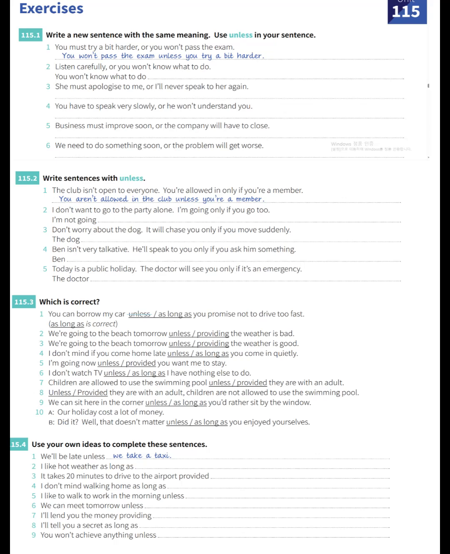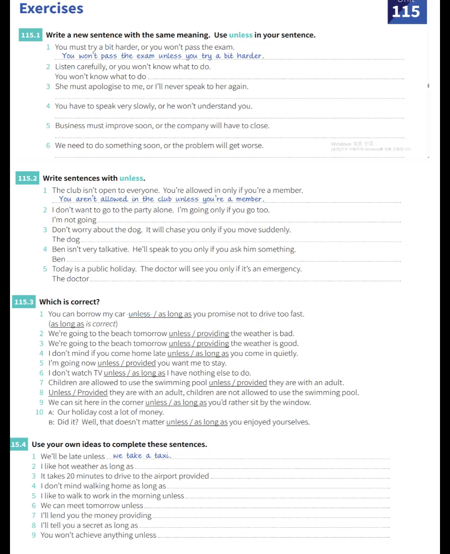But I think it's true. Yes. Every time you have unless, the sentence that comes after unless will be in present tense. That is why it will be, I'll never speak to her again unless she apologizes to me.